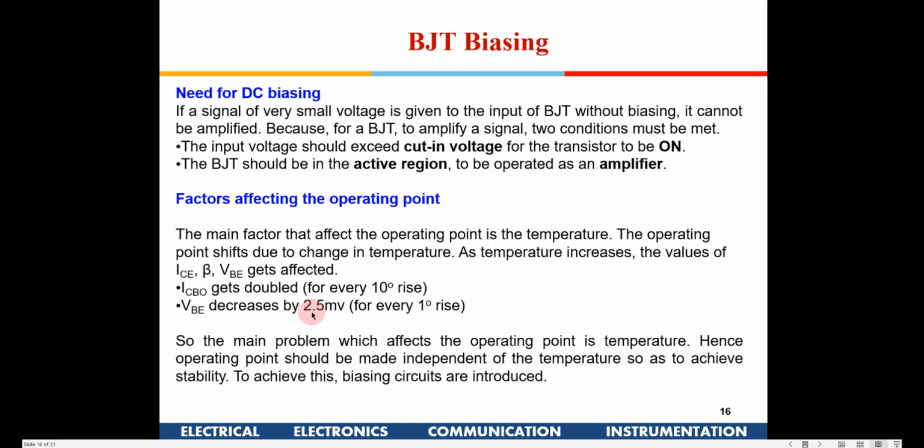So your biasing should be in such a way that even if that VBE changes, okay, VBE is the intrinsic voltage within the junction between the base and the emitter, right? Like for diodes also, we learnt that the moment you connect two junctions, a 0.7 volt potential barrier is generated within the diode.